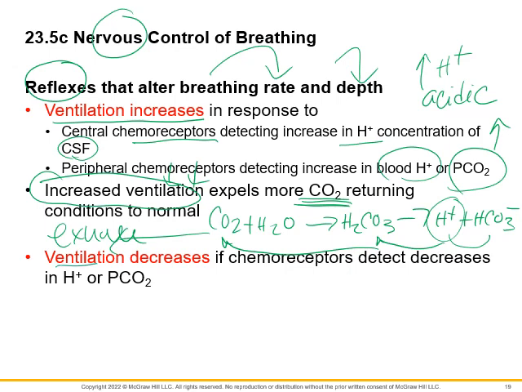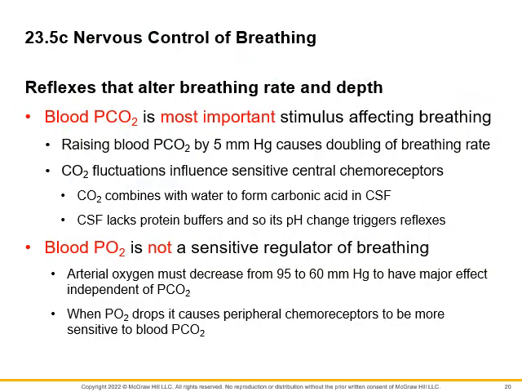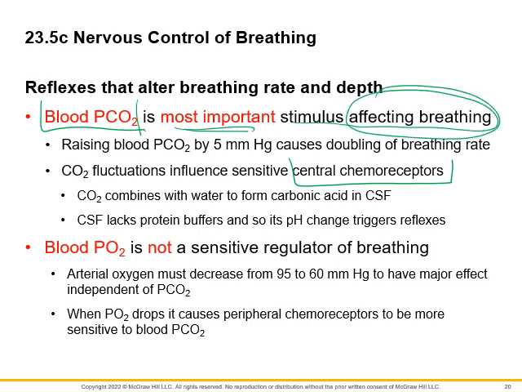Yes. If ventilation were to be decreased, it's probably because your chemoreceptors are detecting a decrease in hydrogen ions or carbon dioxide levels. So continuing on this same topic, when we talk about chemoreceptors, blood carbon dioxide levels are the most important stimulus that affect your breathing.